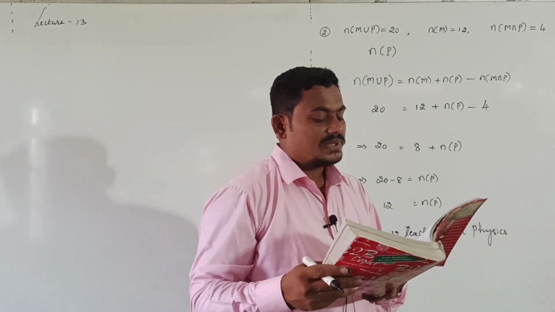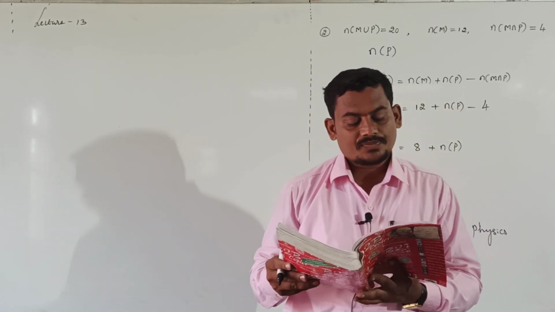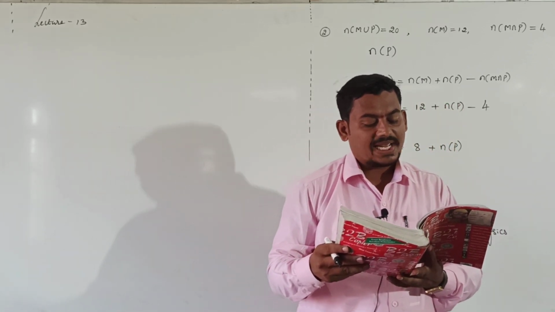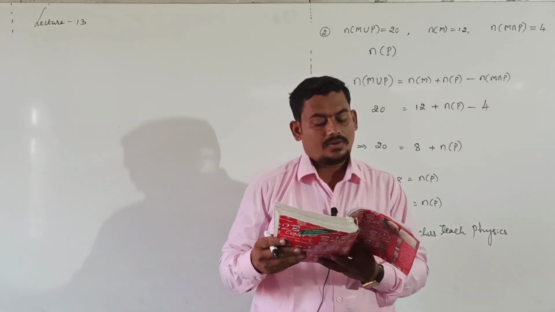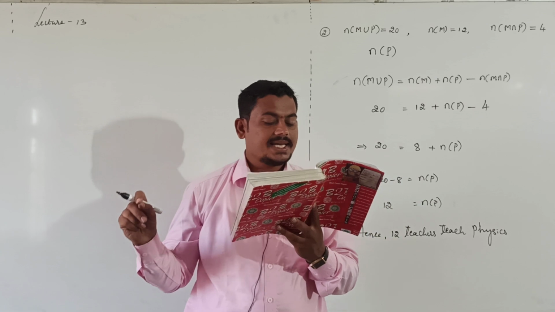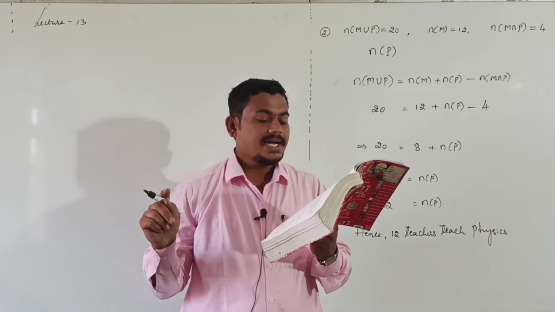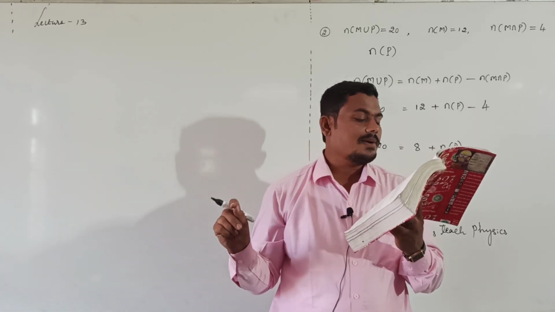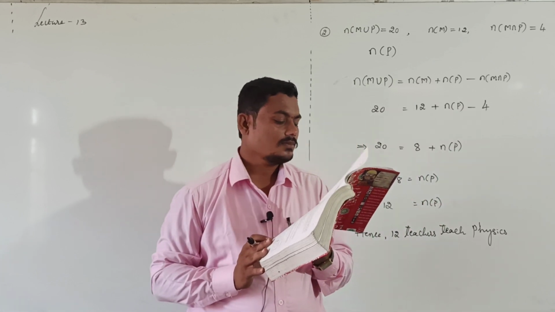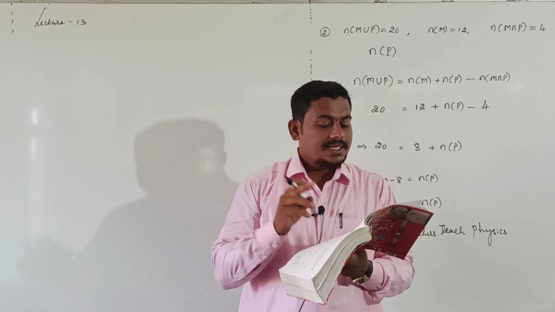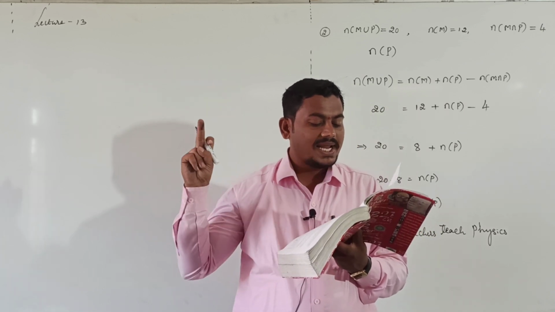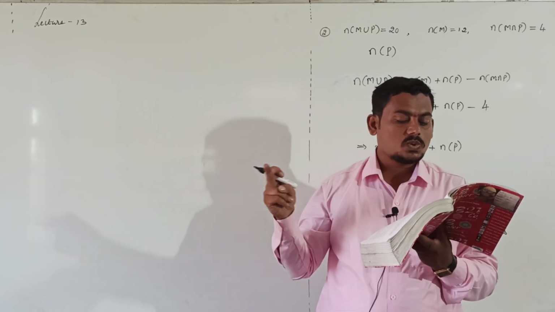In a class of 35 students, 24 like to play cricket and 16 like to play football. Also, each student likes to play at least one of these two games.